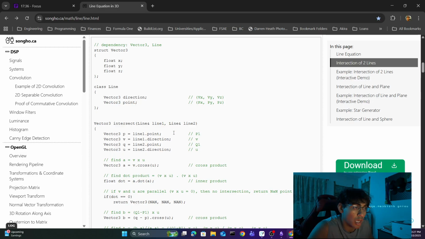Okay, vector3, point, line, point 1 point.